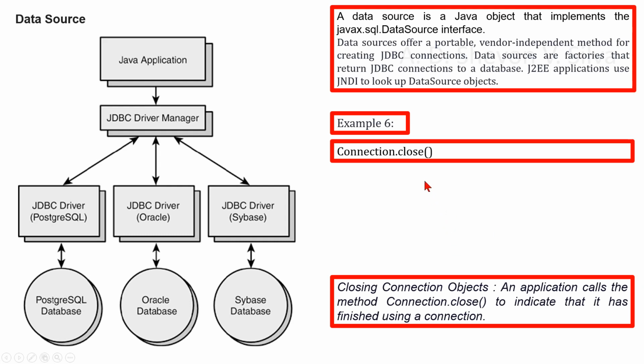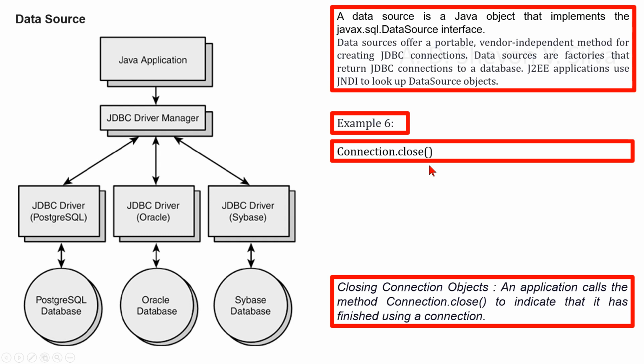Now we are considering Connection.close, closing Connection objects. An application calls the method connection.close to indicate that it has finished using a connection.